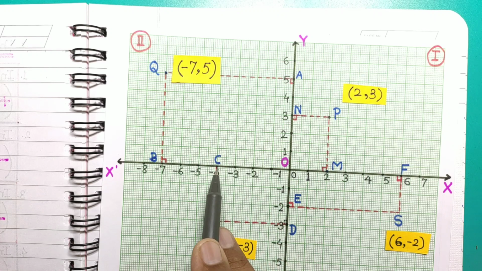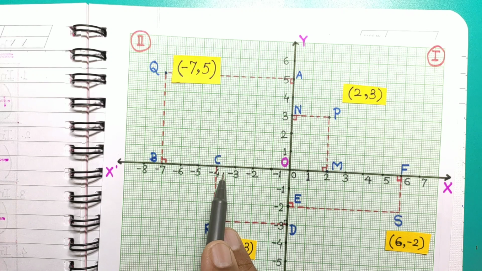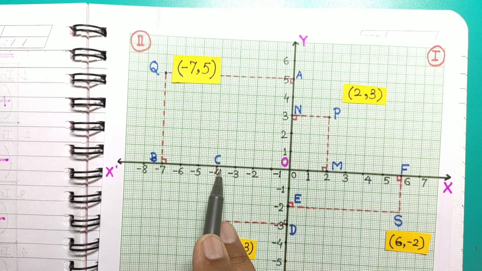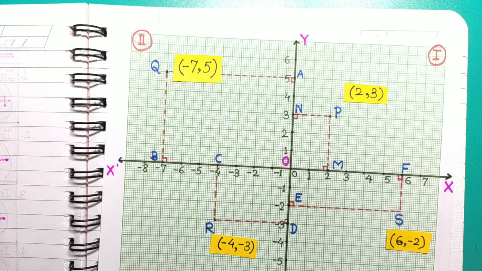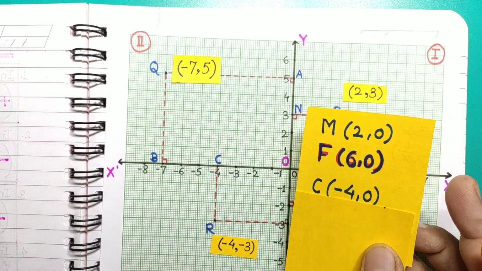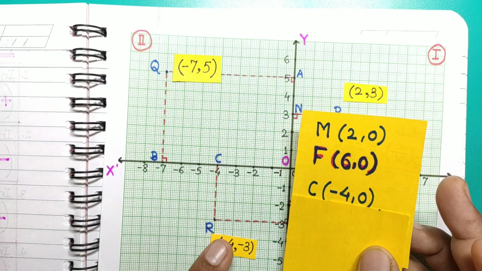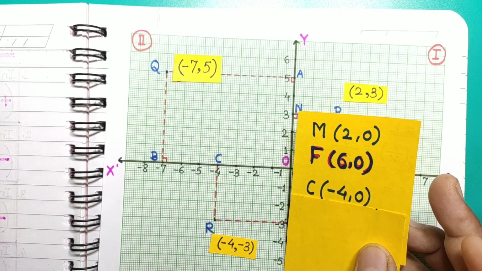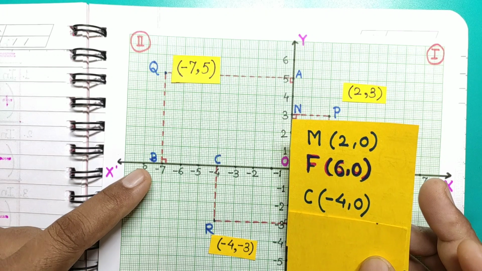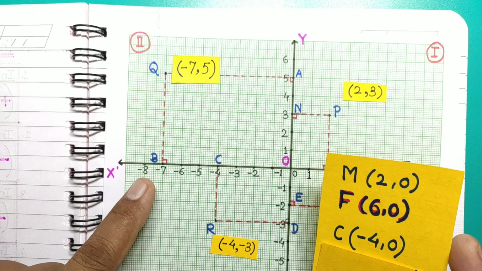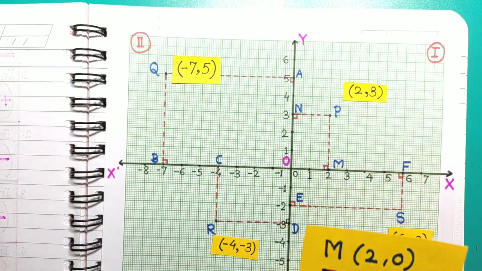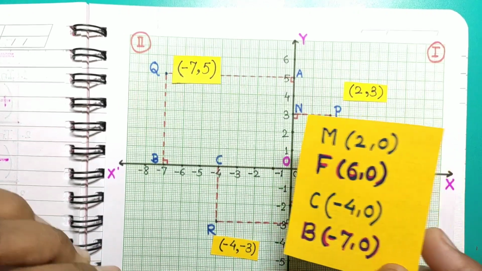This distance is 4 units, so the x coordinate of point C is -4, and again its distance from the x-axis is 0, so its y coordinate is 0. So the coordinates of point C are (-4, 0). Then point B also lies on the x-axis. Likewise, you find that the coordinates of point B are (-7, 0).